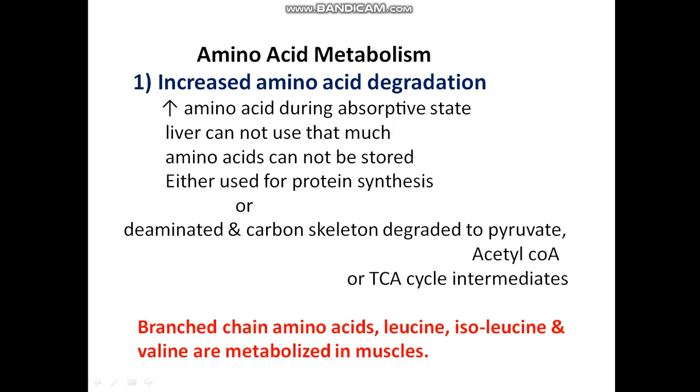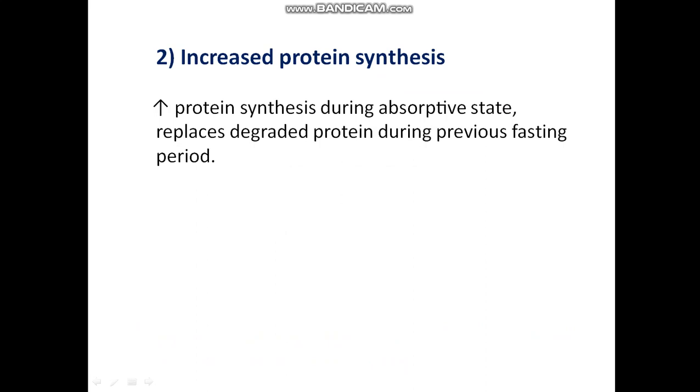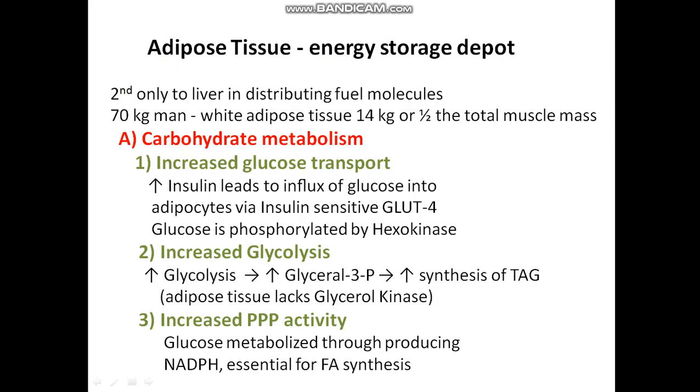The branched chain amino acids, leucine, isoleucine, and valine, are metabolized in muscles and utilized for energy. Increased protein synthesis during the absorptive state replaces protein degraded during the previous fasting period.